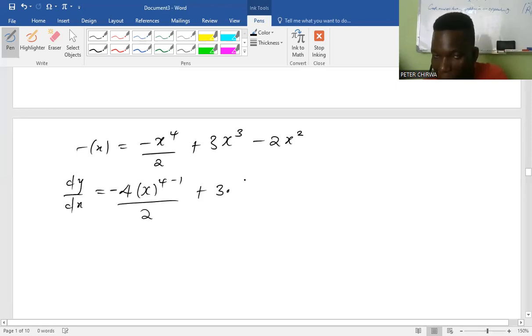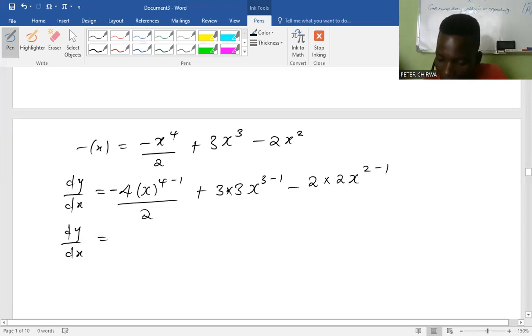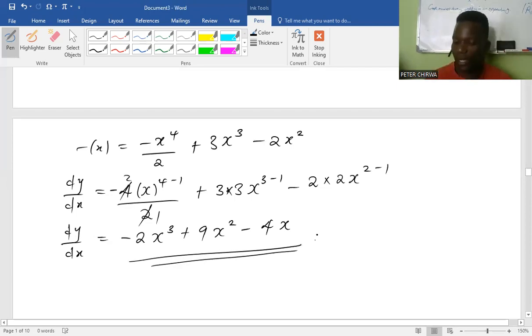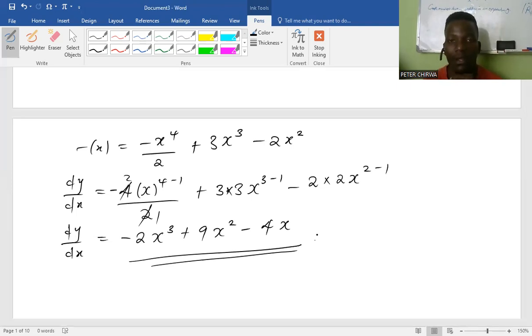This is over 2, which is 3. Then we have x, drop the power, which is 2. Okay, and then we have x. We're going to have here is, we can say 2x, 4 minus 1, it's giving us 3. And then here we have our 2. And then here we get minus 4x. So you found the derivative of that function that we have.